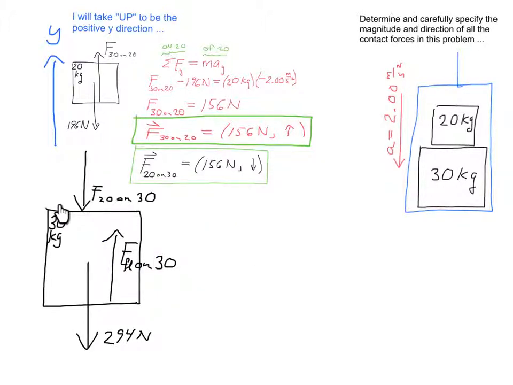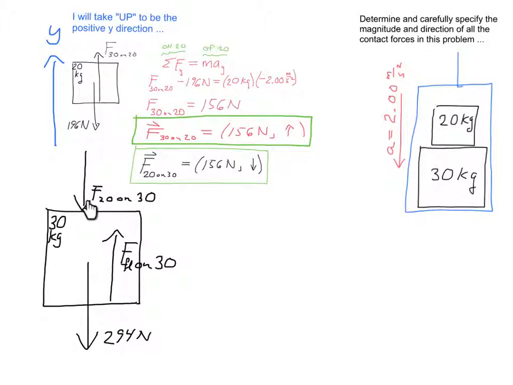So this is representing the 30 kilogram block. I've labeled it with 30 kilograms, so I know what block I've drawn the free body diagram of. This 294 newtons is just 30 kilograms times 9.8 meters per second squared. That's the gravitational force acting on the 30 kilogram block. This force here is the force that the elevator floor is exerting upward on the 30 kilogram block.